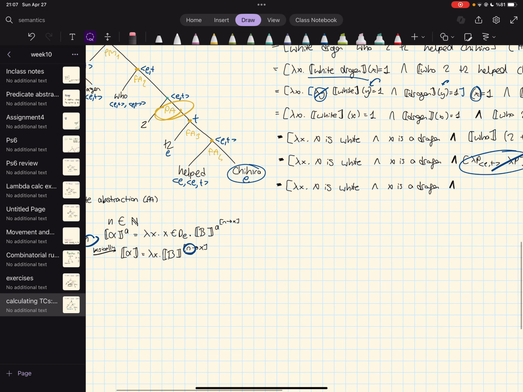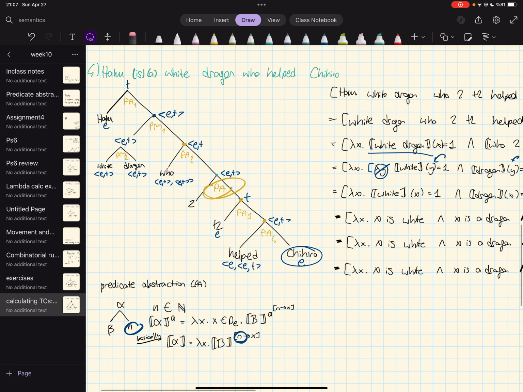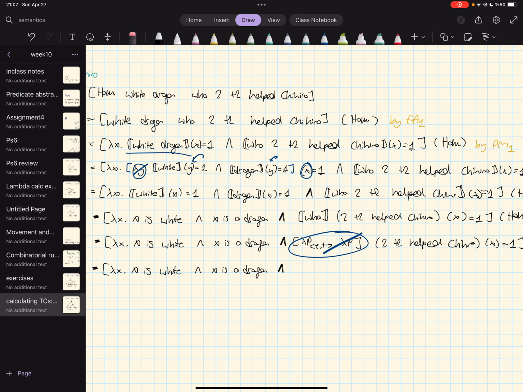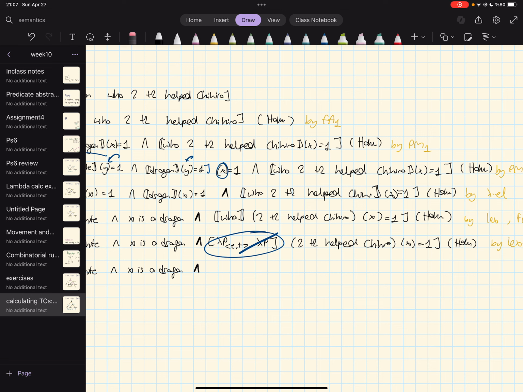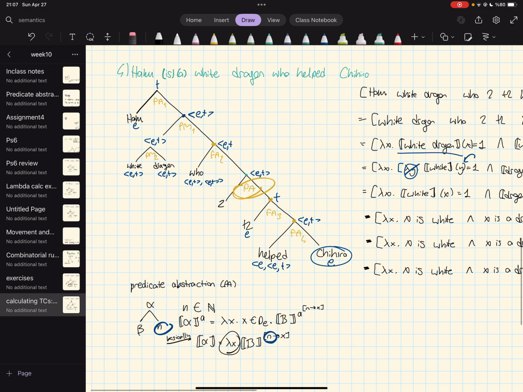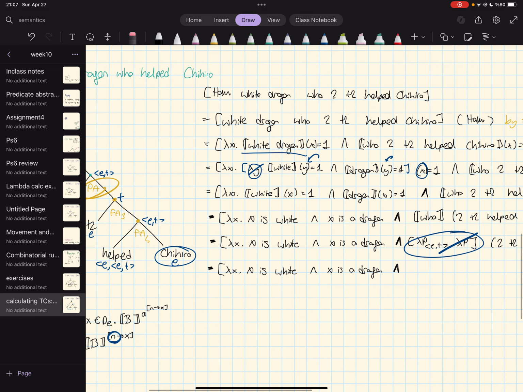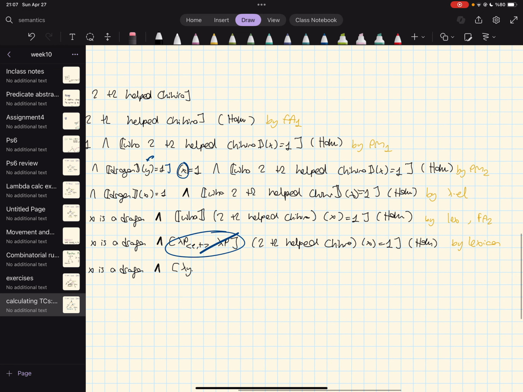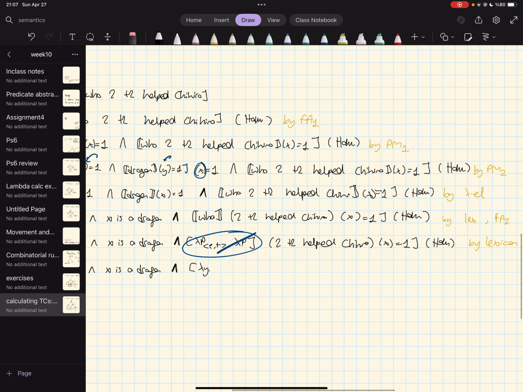Anyway, now we're going to use predicate abstraction by assigning a domain. What's going to happen is we have t2 helped chiro here, and to make use of my predicate abstraction, remember the formula we have in the lambda, but I have already used lambda x, so this time I'm writing lambda y such that.